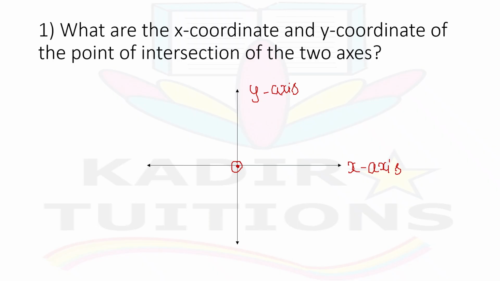It's nothing but the origin. We denote this point as (0, 0), and we already know in coordinates the first value gives the x value and the second value indicates the y coordinate value. So the x coordinate is 0 and the y coordinate is also 0 for the point of intersection of the two axes.